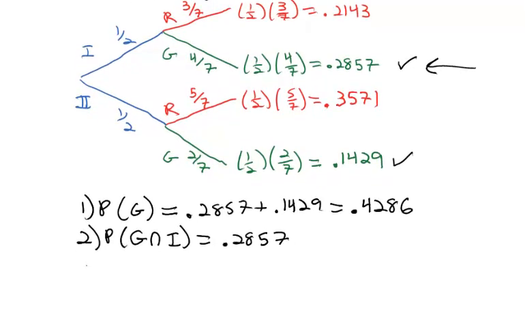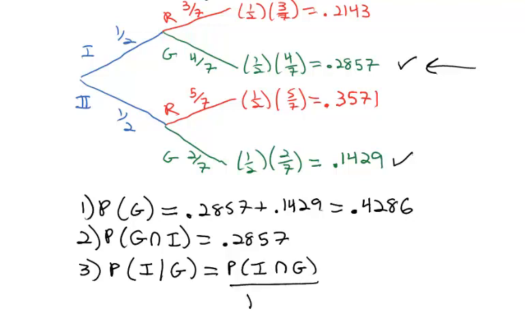So if the question is asking for the probability that it came from jar 1 given it's a green marble, we can put these pieces together, because from our formula of conditional probability, this is the probability that it came from jar 1 and it's green, divided by the probability that it's green. We just calculated both of those pieces: 0.2857 over 0.4286.